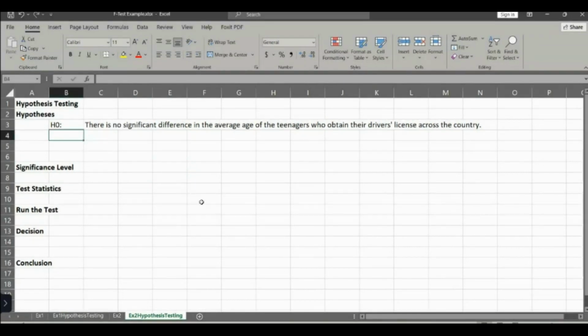Next. Alternative. Okay, alternative. Anyone? You just have to negate your null.